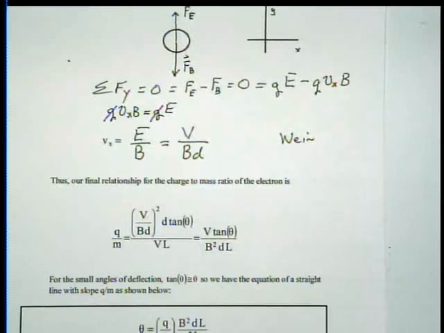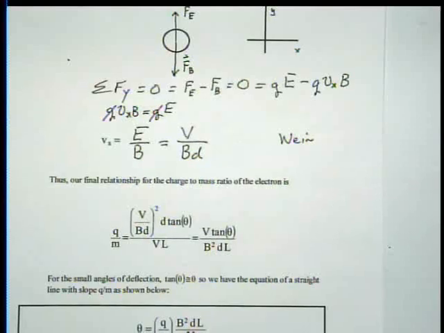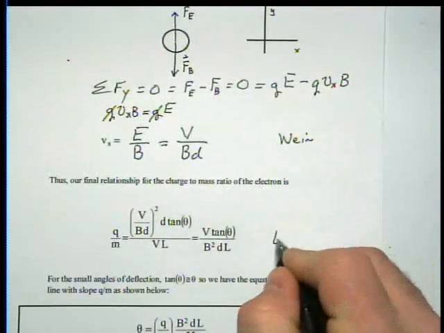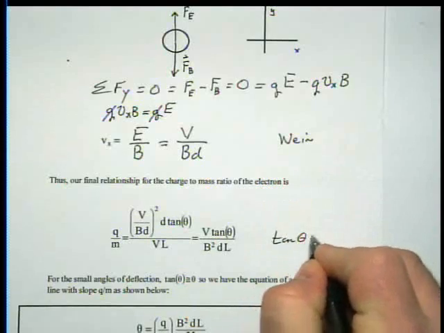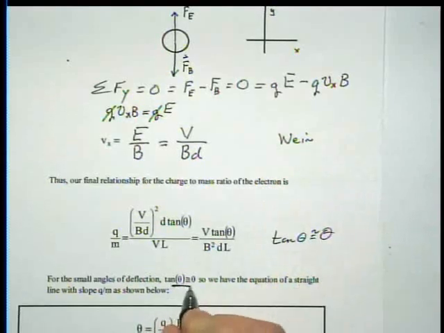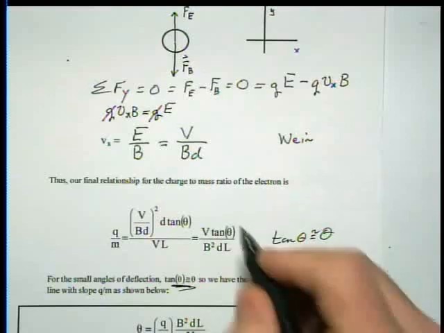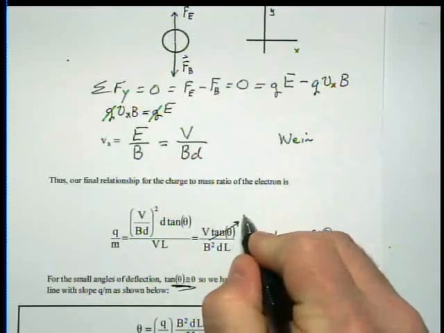And then he says, hey, look, because these are going to be small angles, if I measure them in radians, the tan of theta is approximately theta, something we're going to use a bunch today. I put it right there. So if I do that, then that becomes theta.